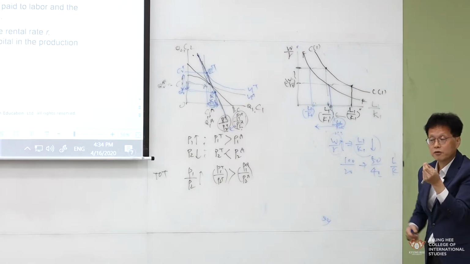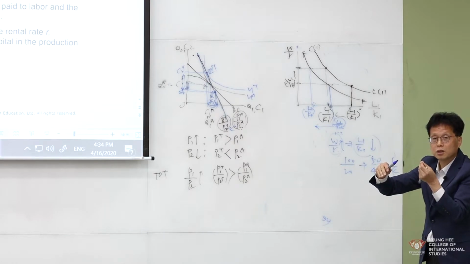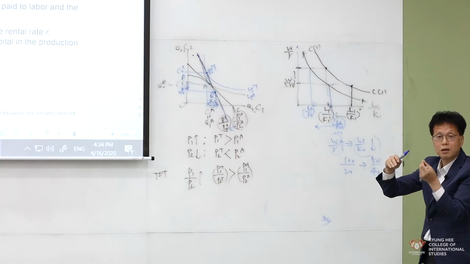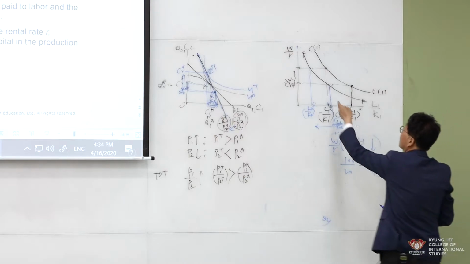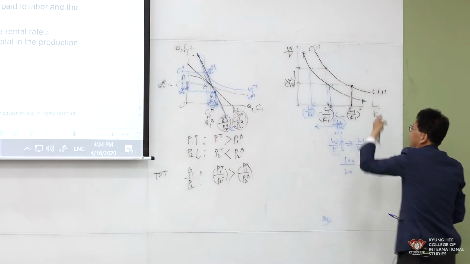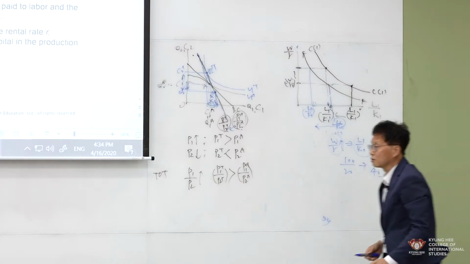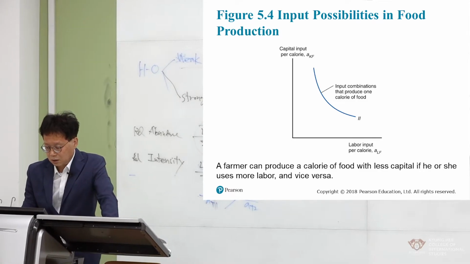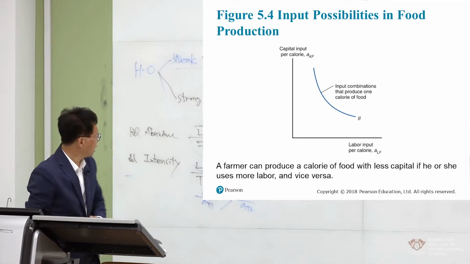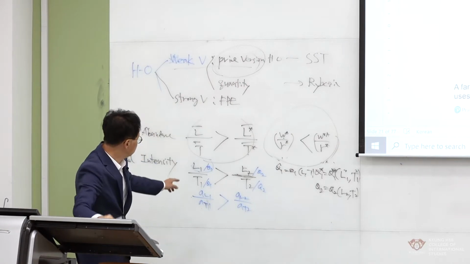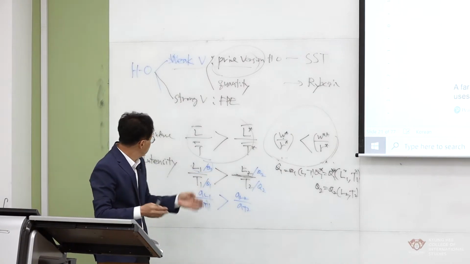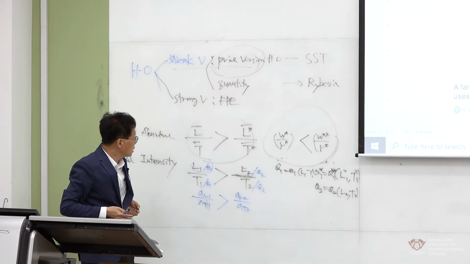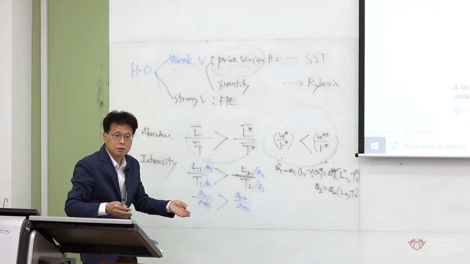Facing the same relative wage rate, Q1 production uses more labor than capital compared with hamburger production. So the FF curve is inside the CC curve, like this. And I already explained the relative intensity condition: Q1 production is labor intensive, Q2 production is capital intensive.